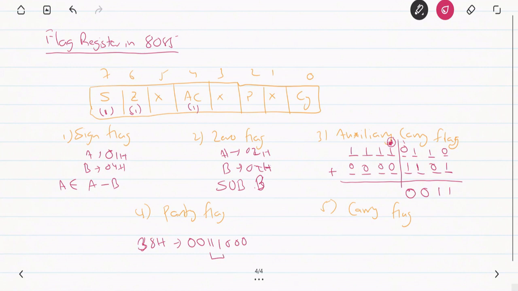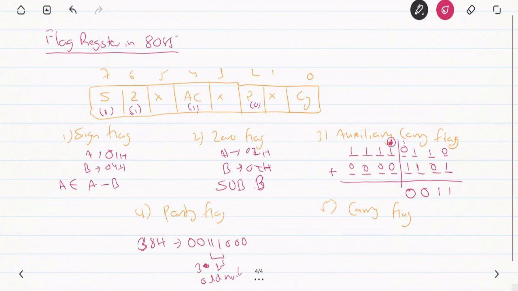We can see that we have 3 ones, which means we have an odd number of 1s. So whenever we have an odd number of 1s, our parity flag is reset, or basically it is 0. But when we have an even number of 1s, or even parity, then in that case the parity flag is set.